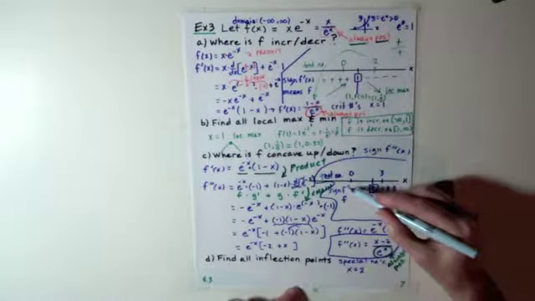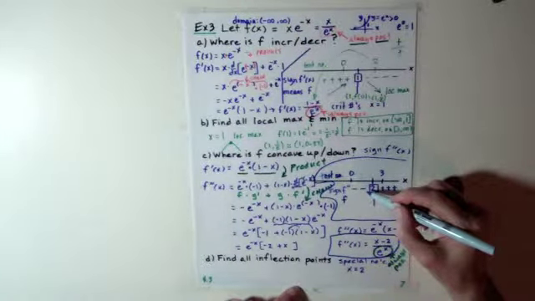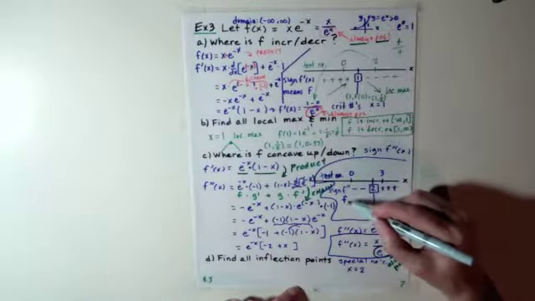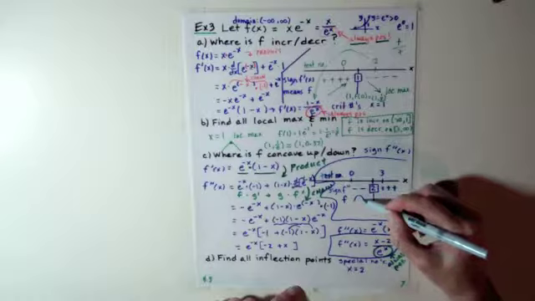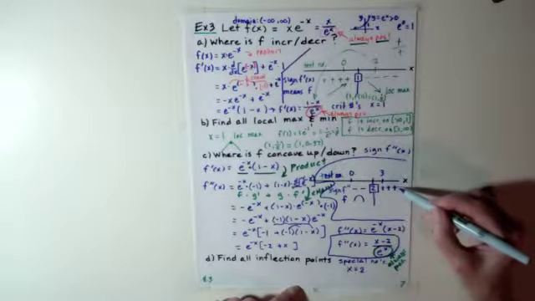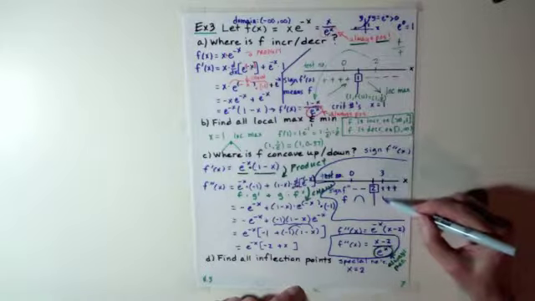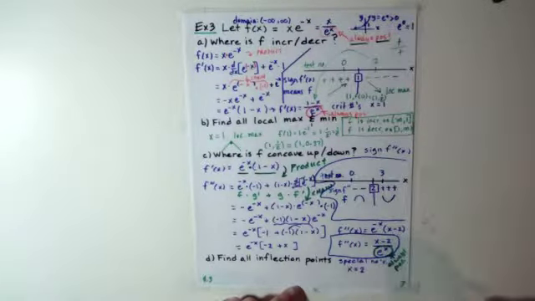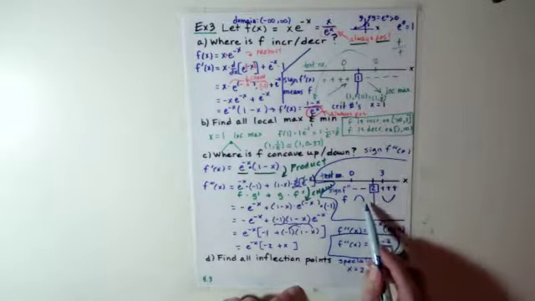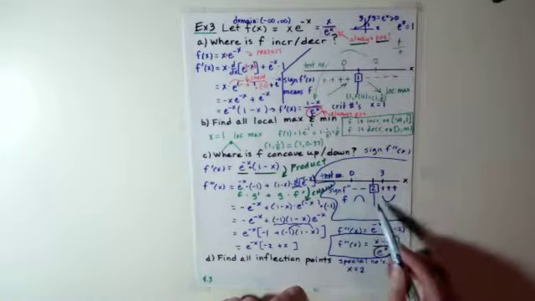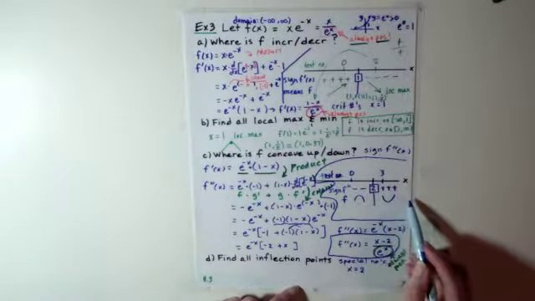If the second derivative is negative, remember that means that this curve f is going to be concave down. And if the second derivative is positive, that means that the graph of f is going to be concave up. Okay? So it's concave down for all x less than 2, and it's concave up for all x greater than 2.